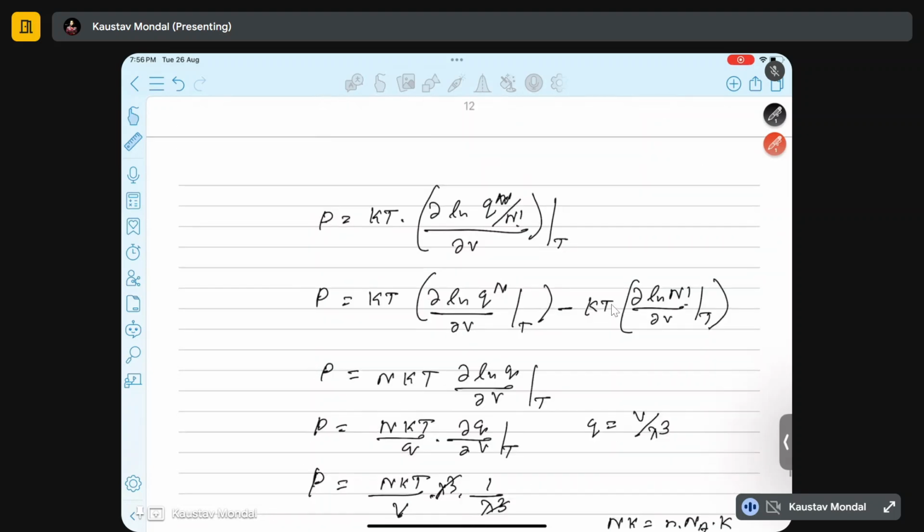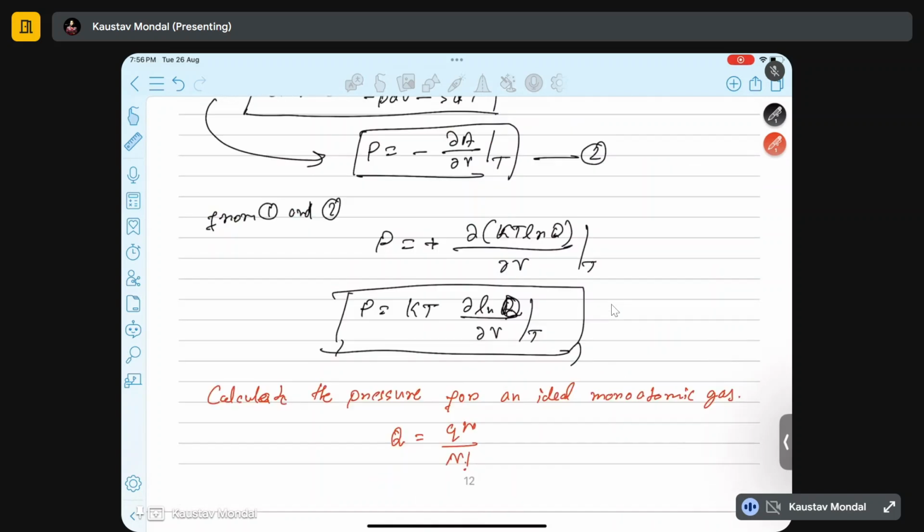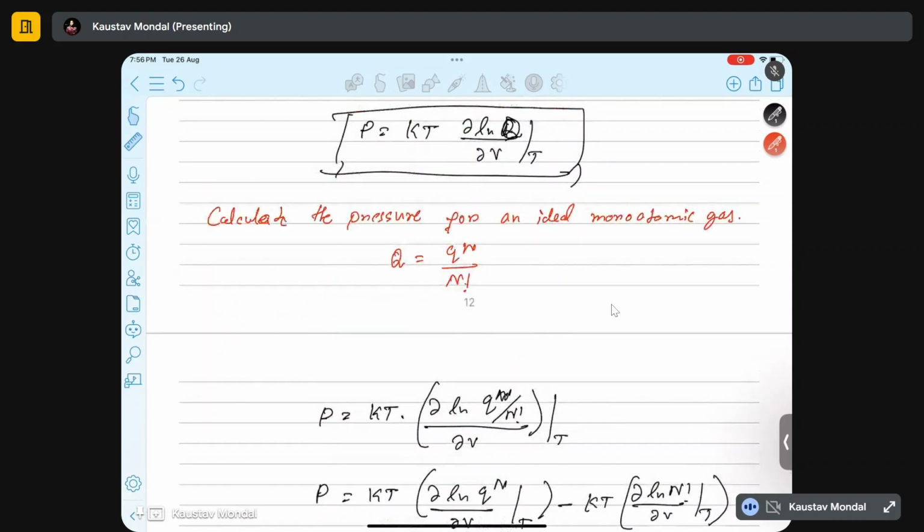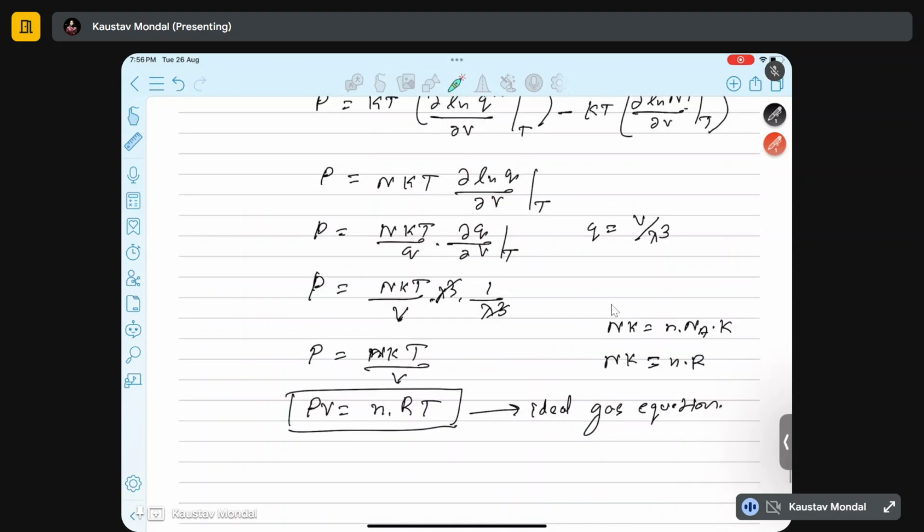As you can see, this is consistent with thermodynamics. Using the canonical partition function and its relation with the pressure, we substituted the canonical partition function for a monoatomic gas, and from there the molecular partition function for a single molecule.